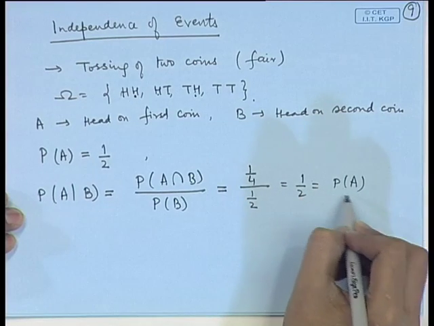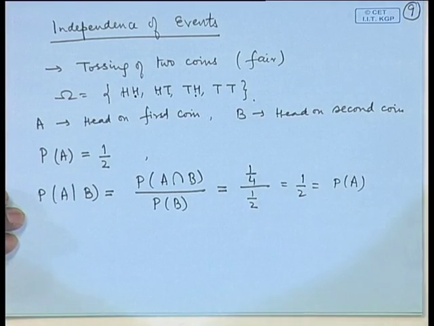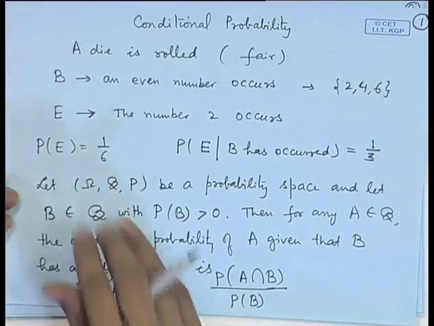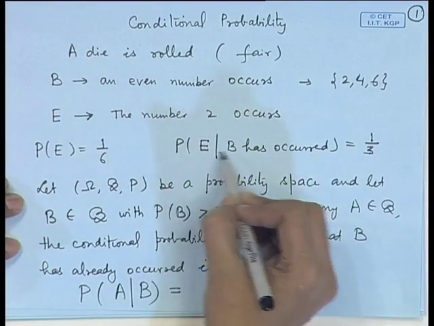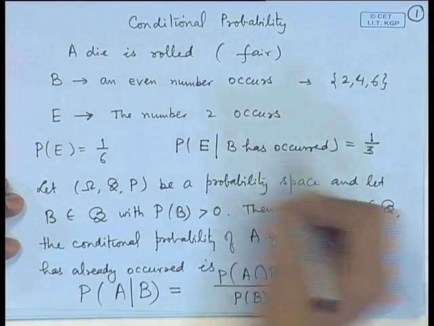Now, this is different from the statements which I gave in the beginning of the conditional probability definition, that if I consider probability of E and probability of E given B, these two were different.